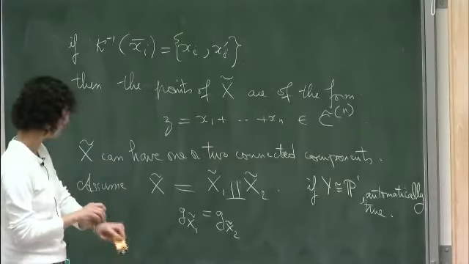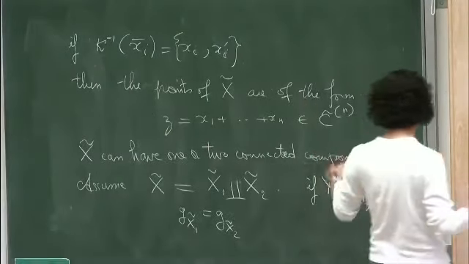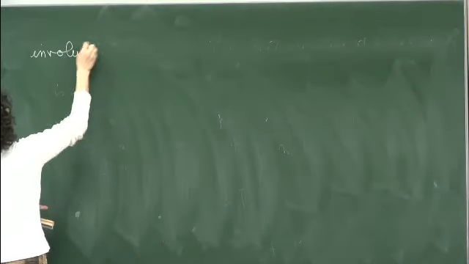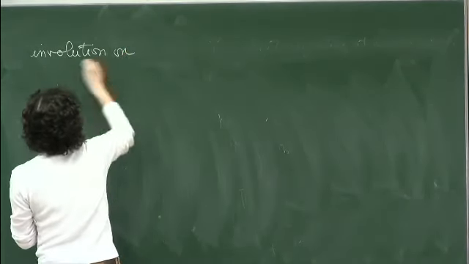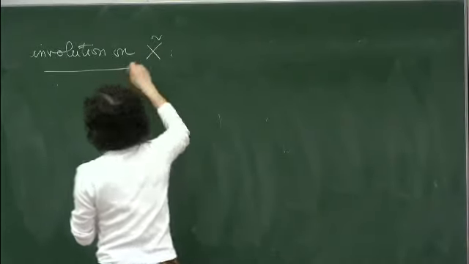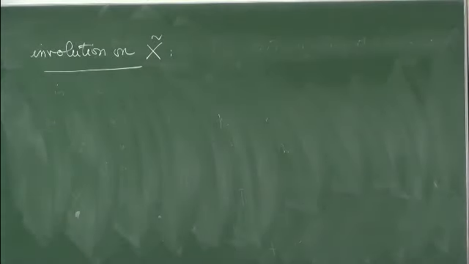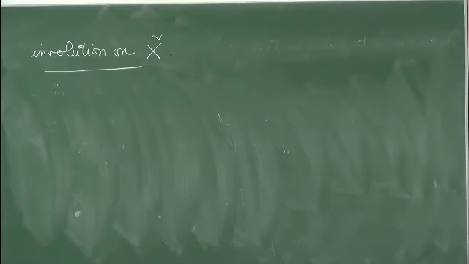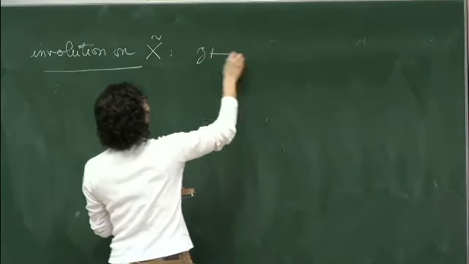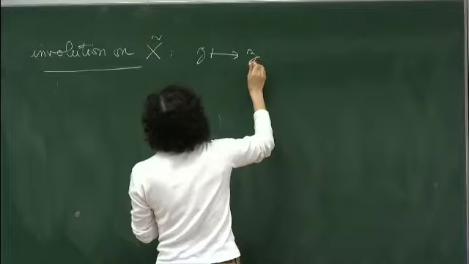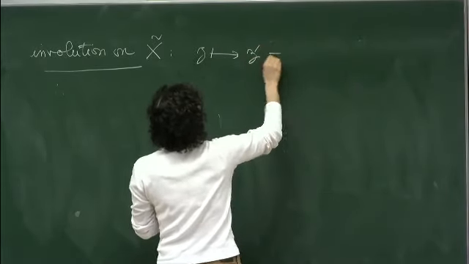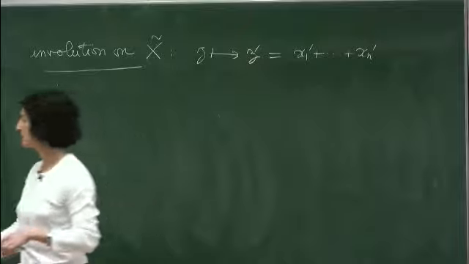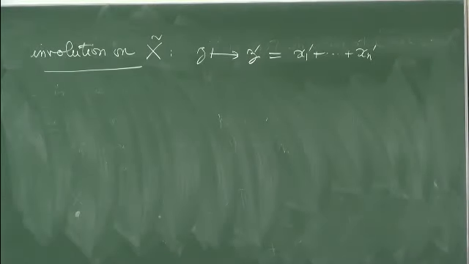Okay, so there's also an involution. I said that was a double cover, so there's an involution on X tilde. What does it do if I take a point x1 plus ... plus xn? You just put primes everywhere. So z goes to z prime, which is x1 prime plus ... plus xn prime. If I had some primes somewhere, I would remove them.